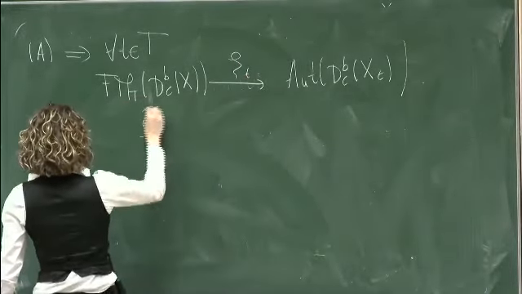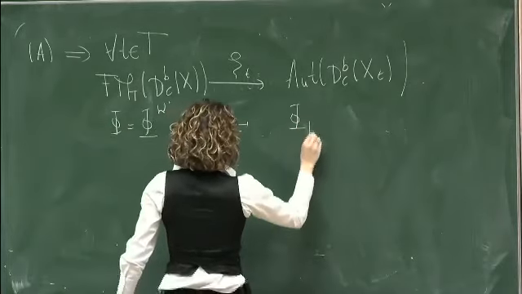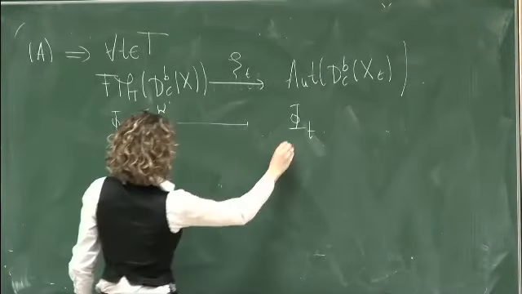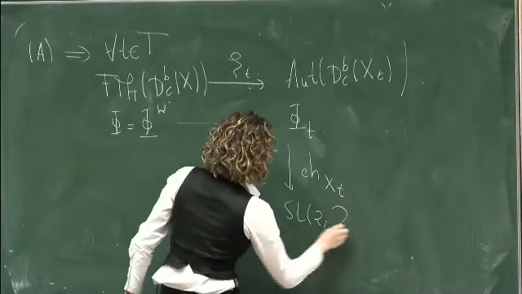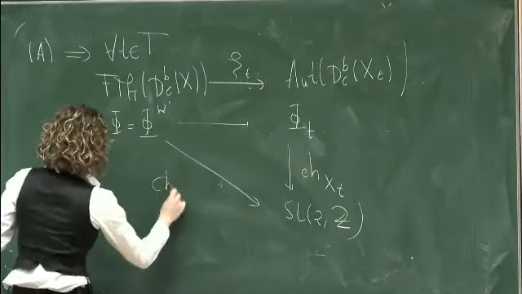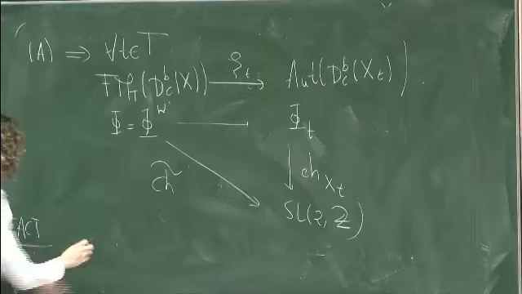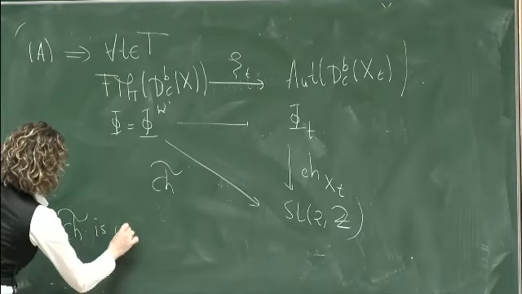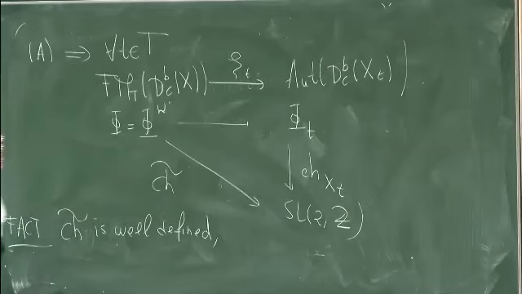That is, given an equivalence, here you have your Chern character on the fiber to SL(2,Z), and then you can consider the composition map. So the fact that we prove is that this composition is well defined, and moreover is surjective also.